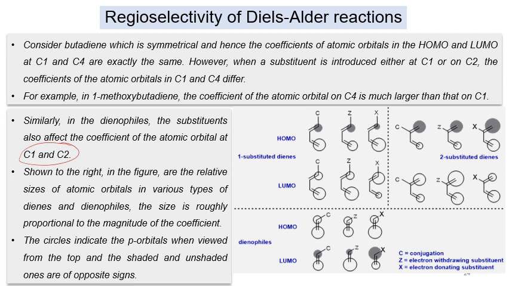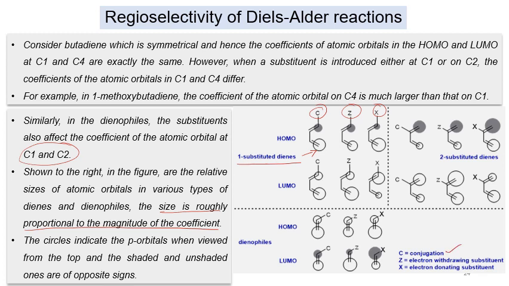The size here is roughly proportional to the magnitude of the coefficient. If you see the one-substituted diene, in the HOMO that we usually consider for electron-rich dienes, the coefficient is highest at this particular position when you have the substituents at this point.